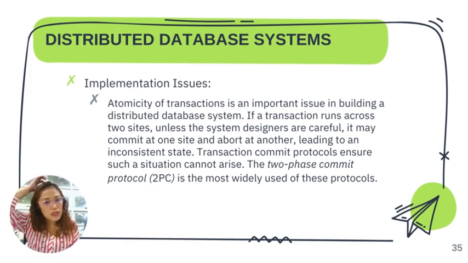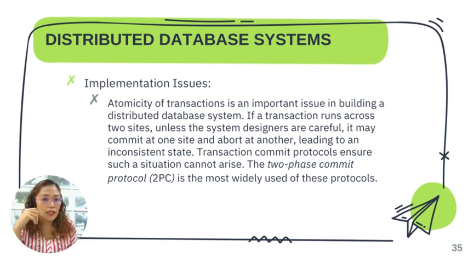The problem is that you have implementation issues. You have to make sure that all transactions in a distributed system are in an atomic state. A transaction should be executed as one unit for it to be atomic.